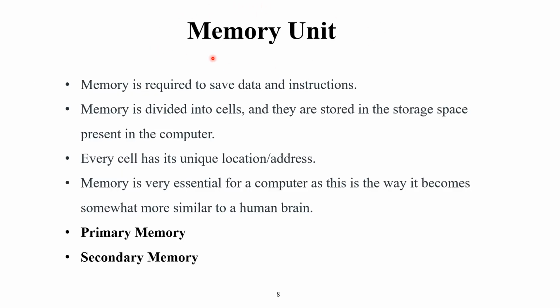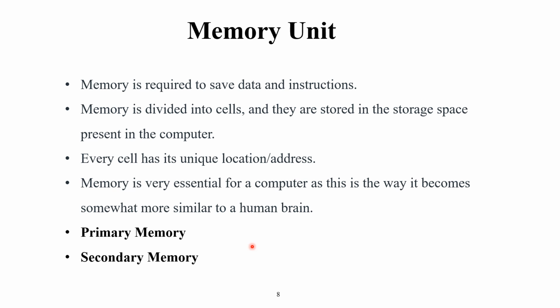The memory unit stores data and instructions needed for processing. There are two types of memory, primary memory and secondary memory. Primary memory, for example random access memory, is the main memory that stores data temporarily while the computer is on.